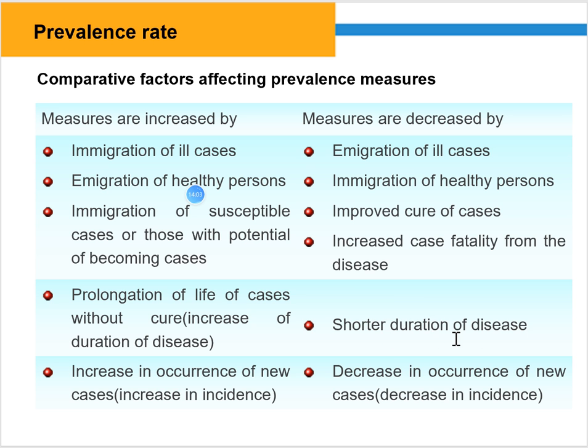Shorter duration of disease. 6. Decrease in occurrence of new cases, that is, decrease in incidence. So, all factors that decrease the numerator and increase the denominator will decrease the prevalence.